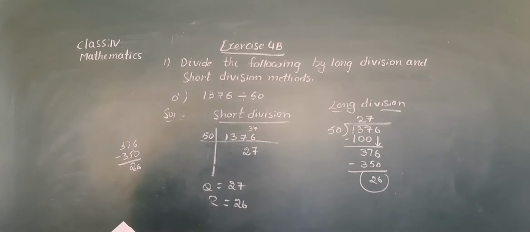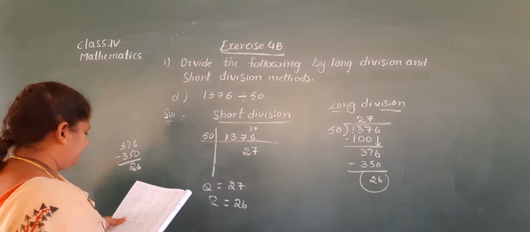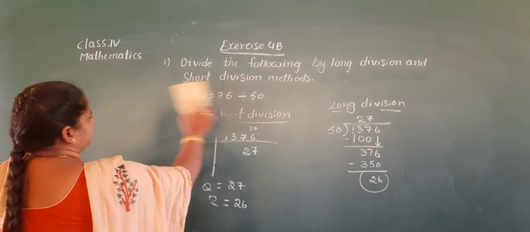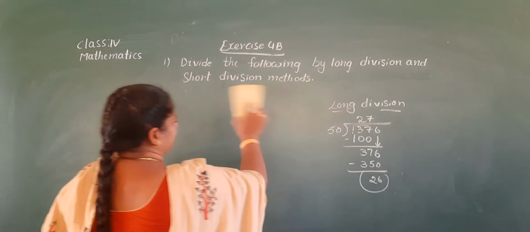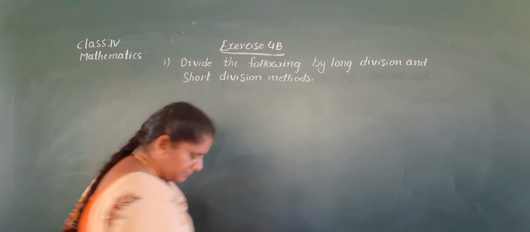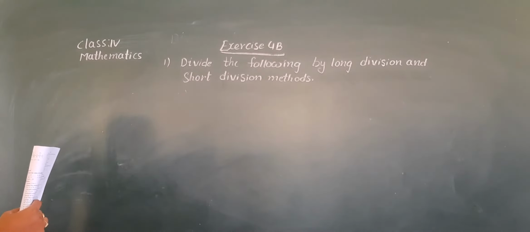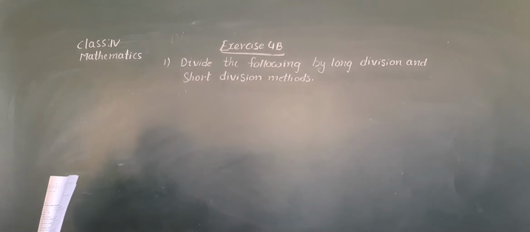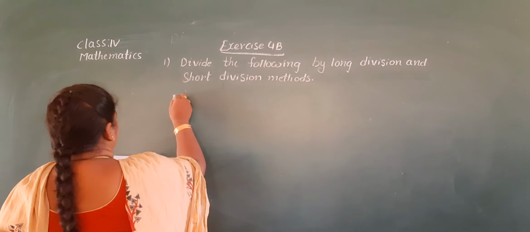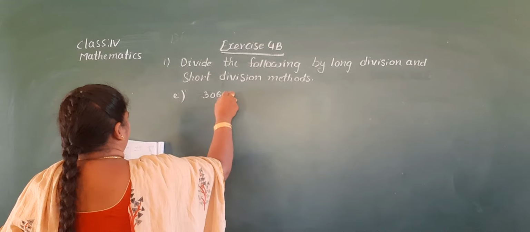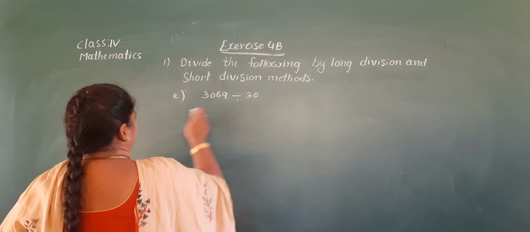Next, E. E problem. 3069 is divided by 30.